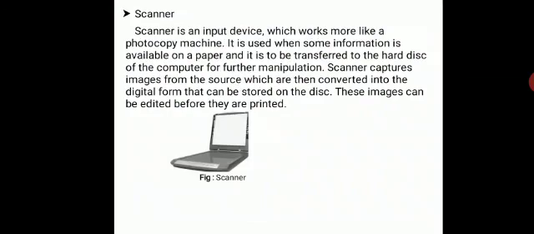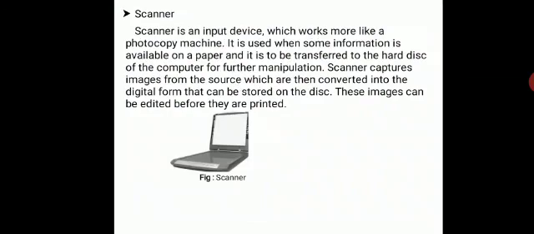Fourth one is the scanner. Scanner is an input device, for example Xerox machines and scanning machines. It is a very important input device which works more like a photocopy machine.